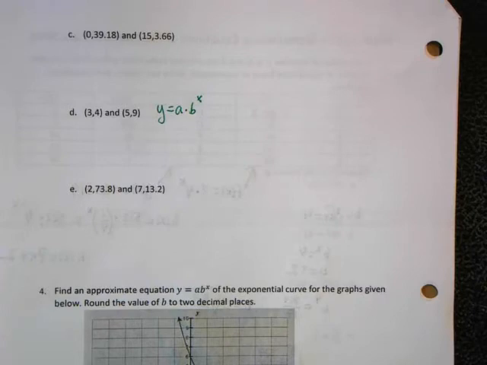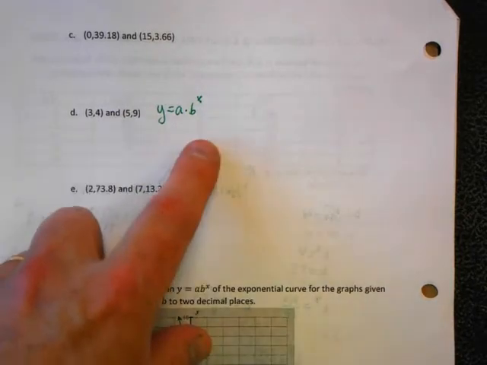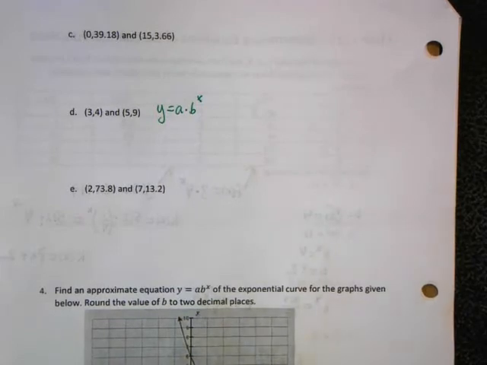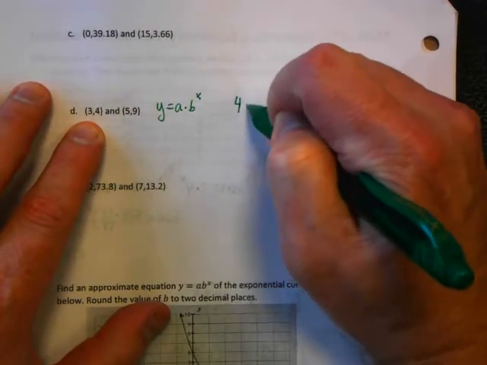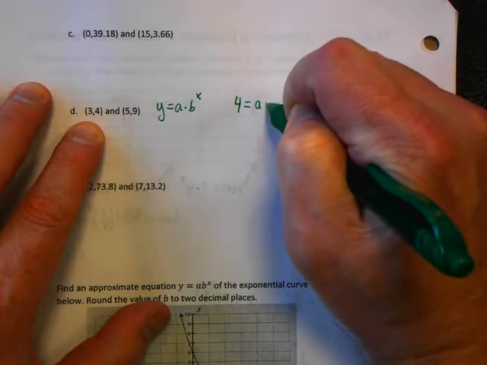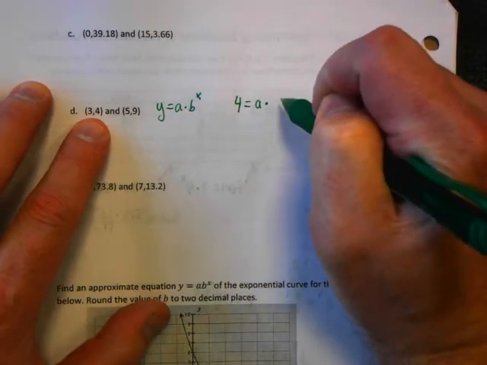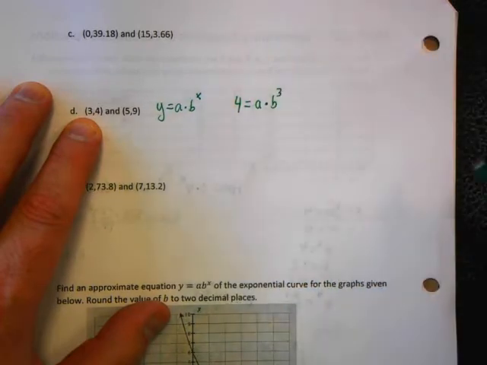Well, I'm just going to go ahead and plug in both the points, I guess. I'll see what happens. So if I plug in the first point, I get 4 equals a times b cubed.